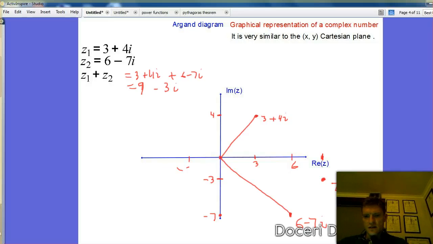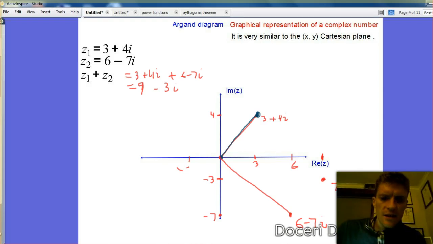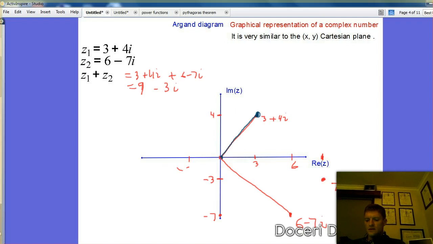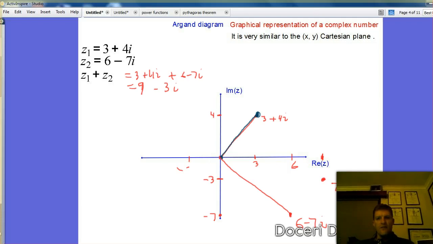So let's actually start from z1. This is what we had drawn for z1. Now if we take z2 and just keep the same size, keep the same angle in it, but just reposition it in a different point on our Argand diagram, in the same way in which a vector identifies the size and direction, but doesn't really matter where it will begin.